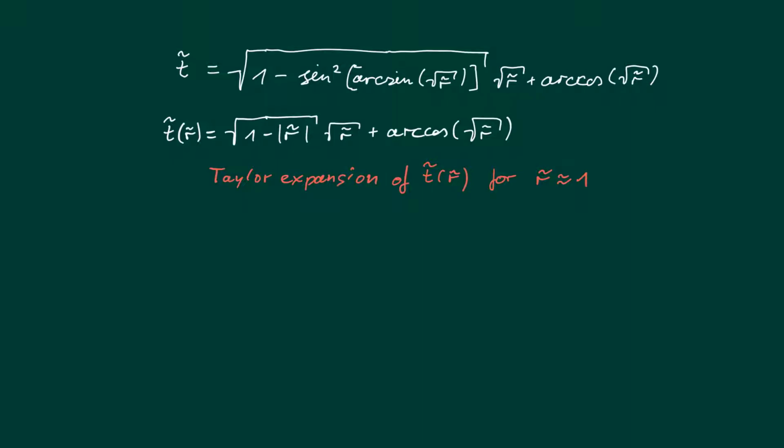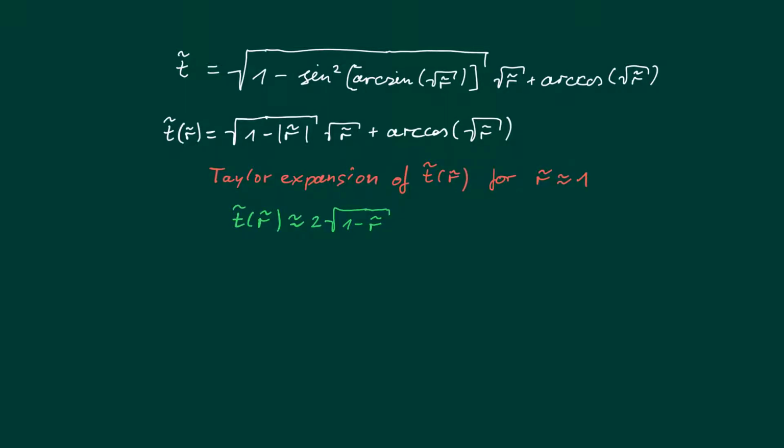So in this approximation, t tilde of r is approximately 2 times the square root of 1 minus r tilde.